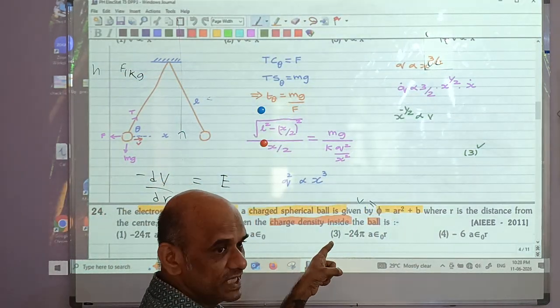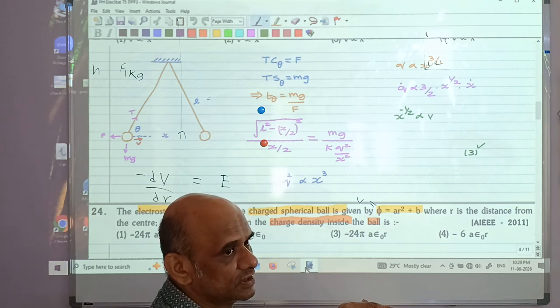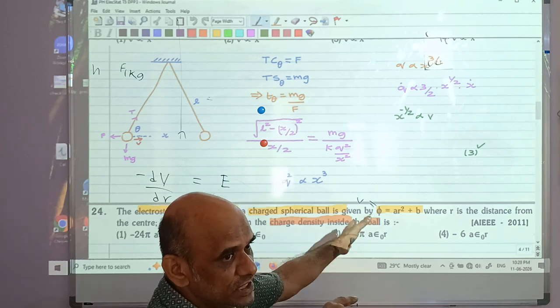V is known, so E is known. Using Gauss law, I get integral E dot A equals Q by epsilon. E dot A I can find out because E is known.